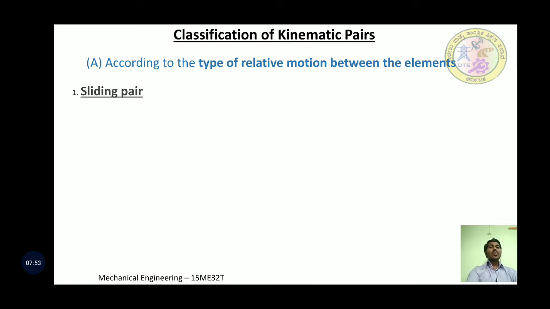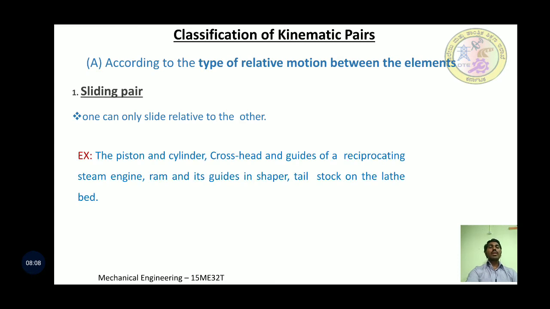When the two elements of a pair are connected in such a way that one can only slide relative to the other, the pair is known as sliding pair. For example, the piston and cylinder, crosshead and guides of a reciprocating steam engine, ram and its guides in a shaper, tailstock on the lathe bed.